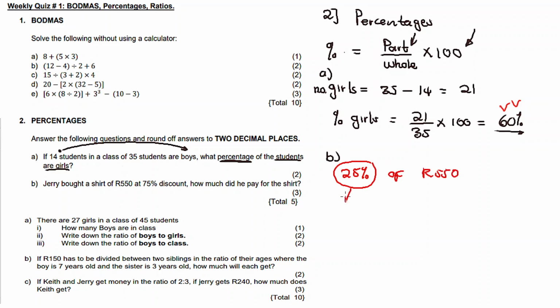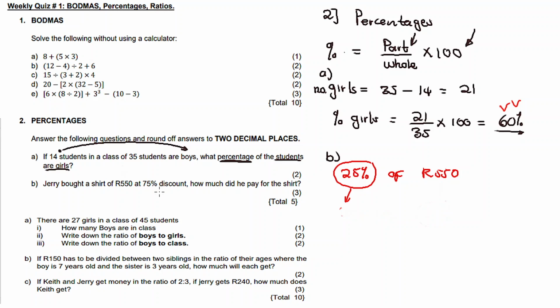Where's the 25% coming from? It's 100 minus 75%, that's 25%. This is how much you're going to pay for the shirt, 25% of the original price. You can do it this way.